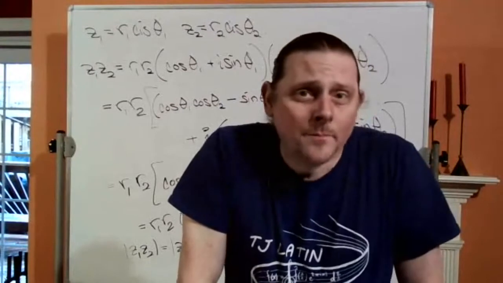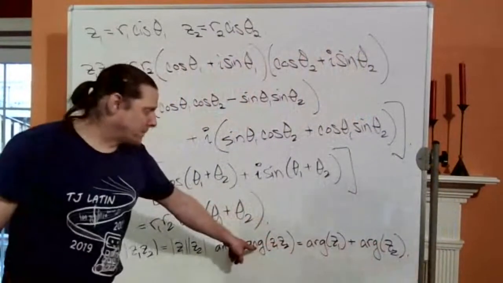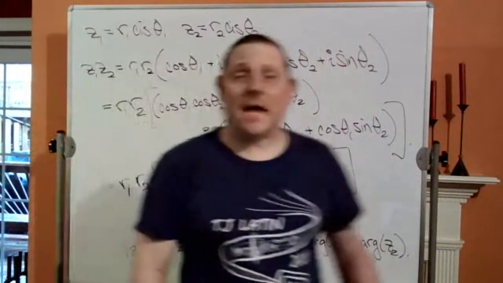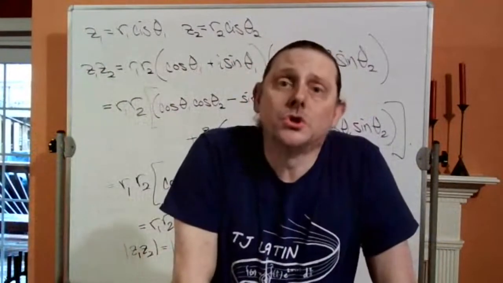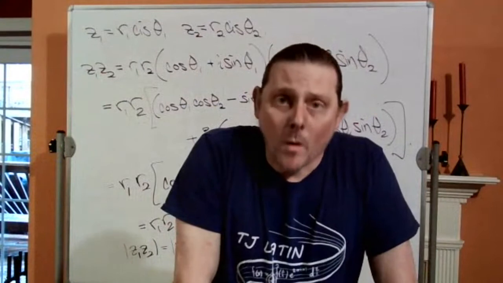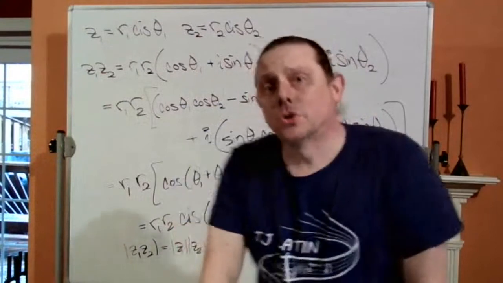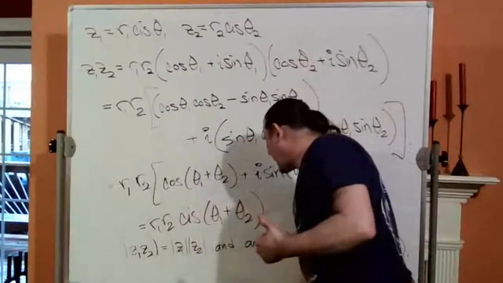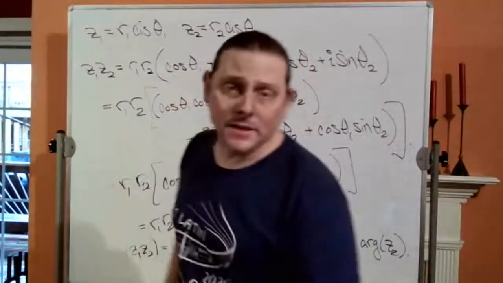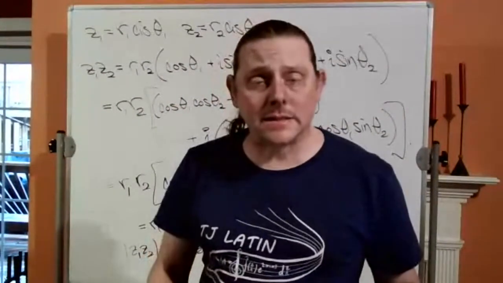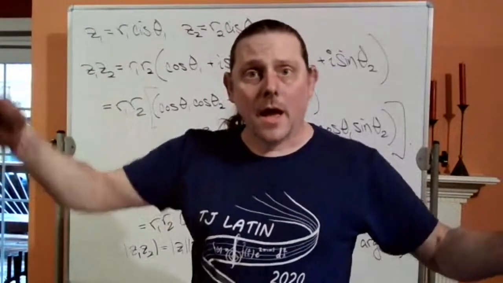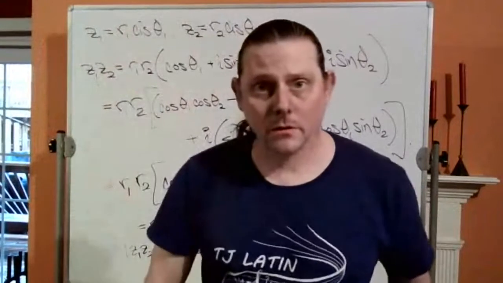And that means that sum cannot be a principal argument. All right, but it will be related to that just by subtracting 2 pi. Okay? So what we get from this is that multiplication in the complex plane consists of a dilation and a rotation.